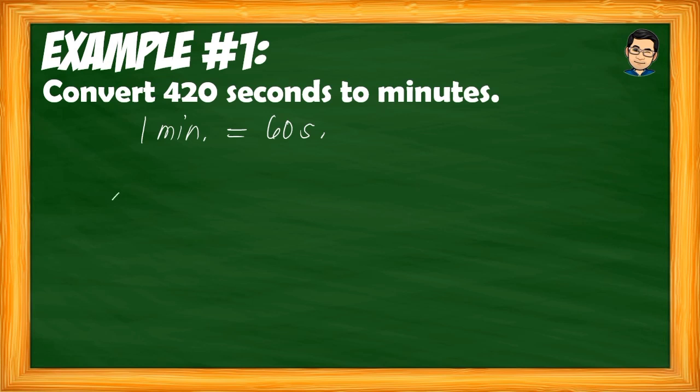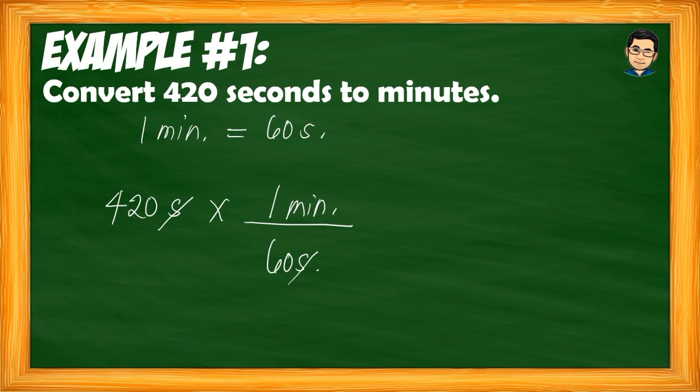So, write lang po natin 420 seconds times 1 minute over 60 seconds. Wag po nating susulat yung minutes as M, because pag M po, meters po yun. Next, we cancel out S, yung seconds.